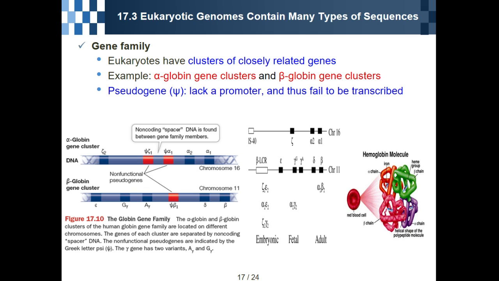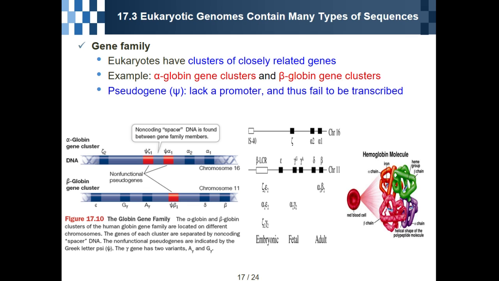For example, our hemoglobin is composed of two alpha chains and two beta chains. So in our adult, we have two alpha and two beta.